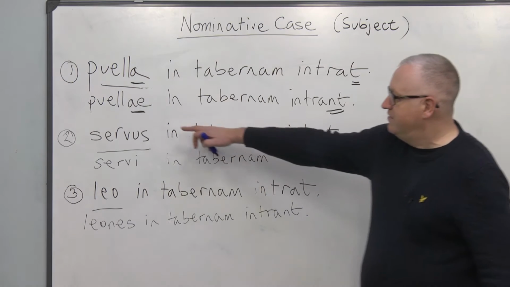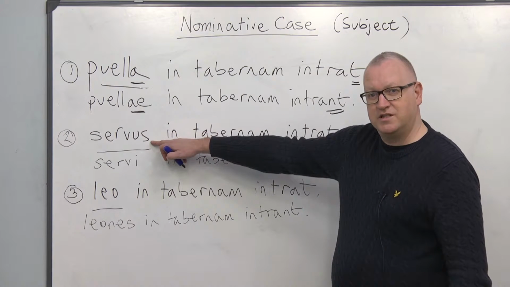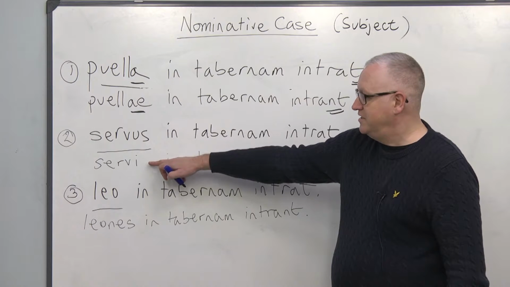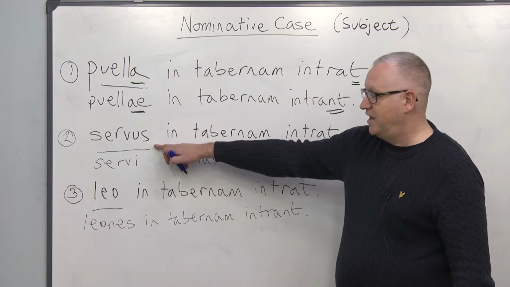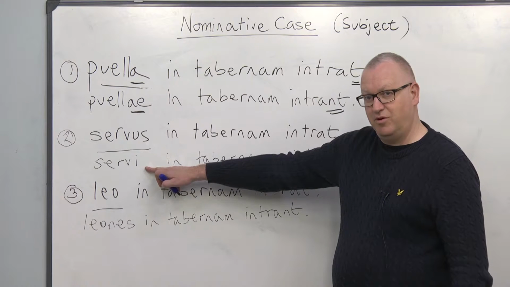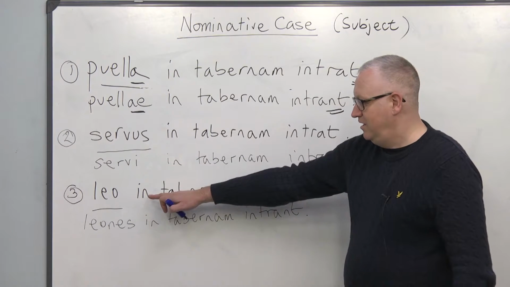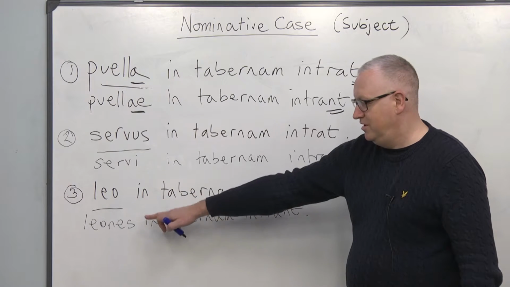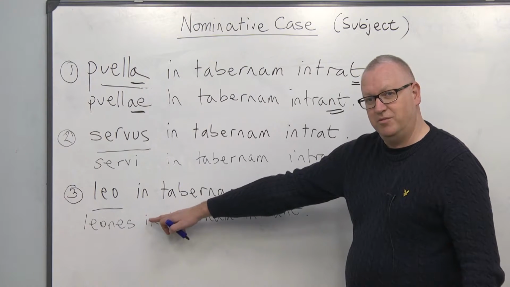So what I've done here is the same. The plural of words that end in US ends in the letter I. So a slave goes into the shop. Some slaves, plural, go into the shop. A lion goes into the shop. Some lions go into the shop.